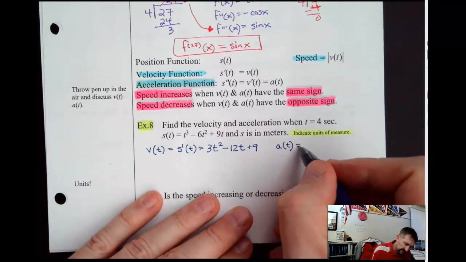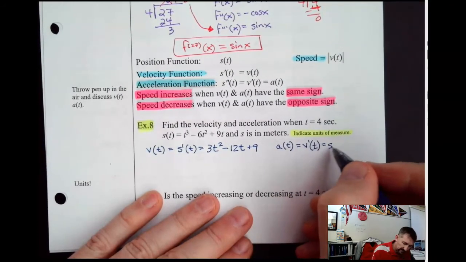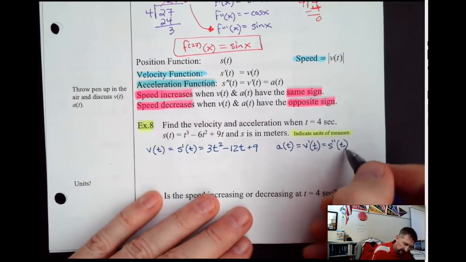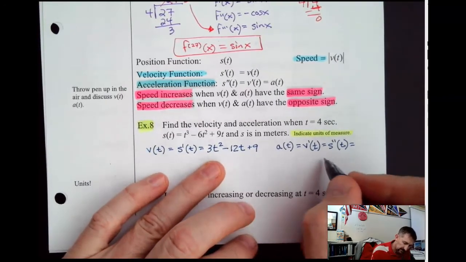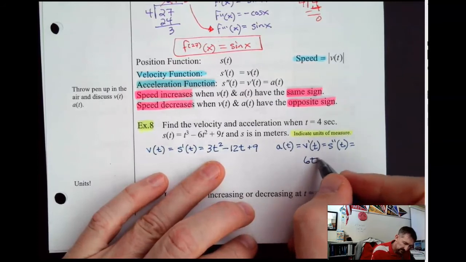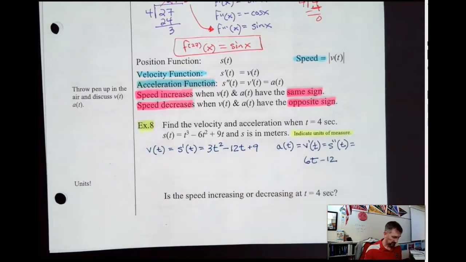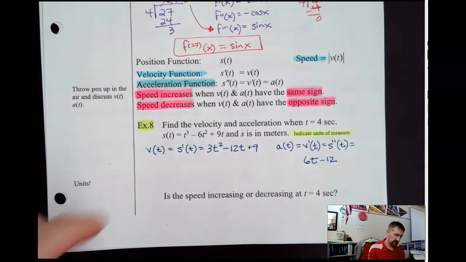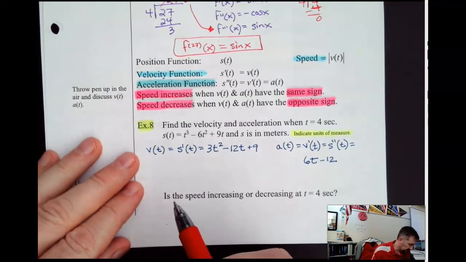We could say that that's the derivative of velocity, or you don't have to put both of these. So that's going to be the derivative of this, which would be 6t minus 12.